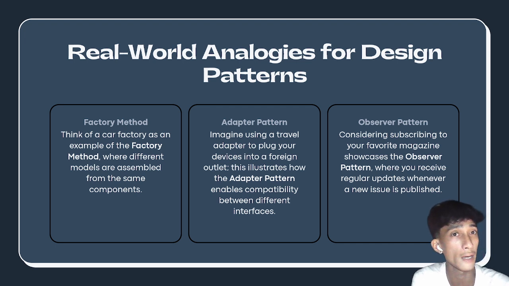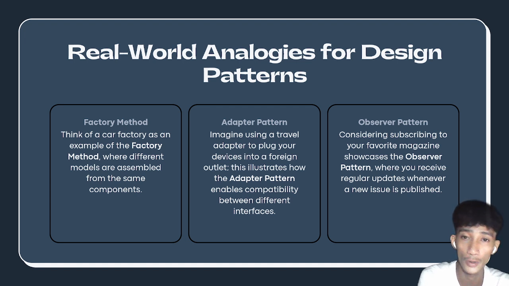Let's say we have Honda, a company that builds lots of products. It has a Honda car and a Honda motorcycle. That would be the real world analogy for the factory method.